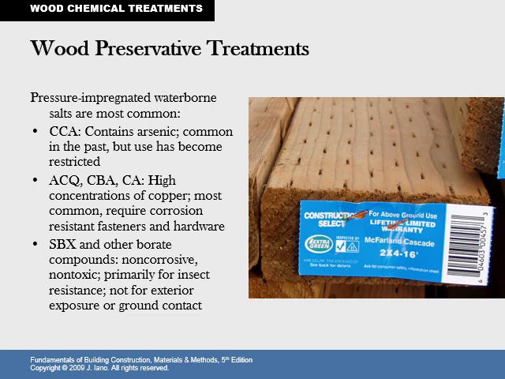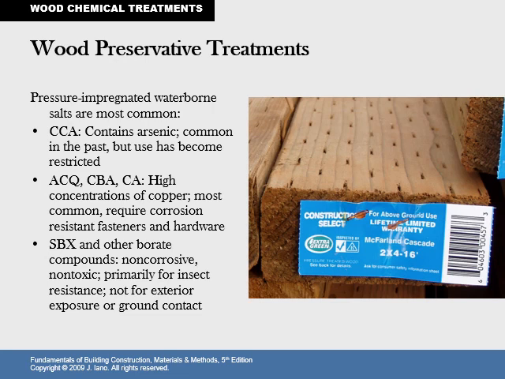Wood preservative treatments. Pressure impregnated waterborne salts are the most common. And you see these little tack marks in here where it's actually injected more into the bottom cells and it floods into this first strata of cells. CCA contains arsenic, common in the past but has become highly restricted because of its toxicity. Things used are ACQ, CBA, CA.